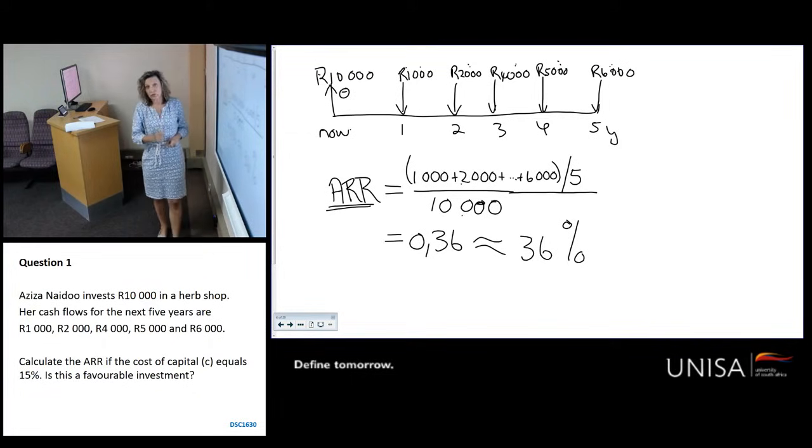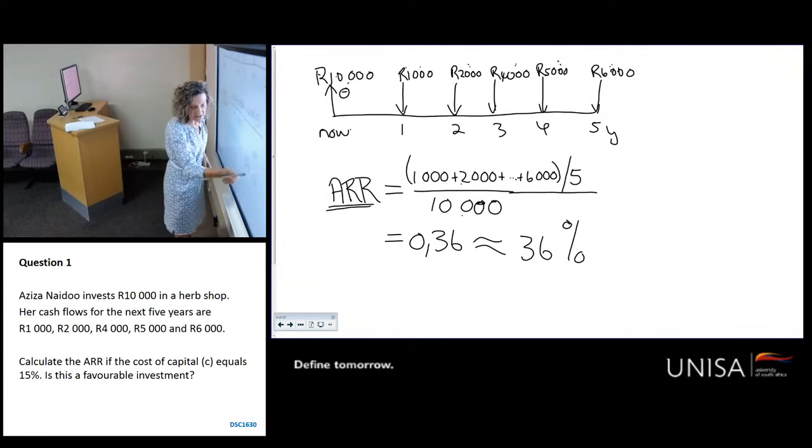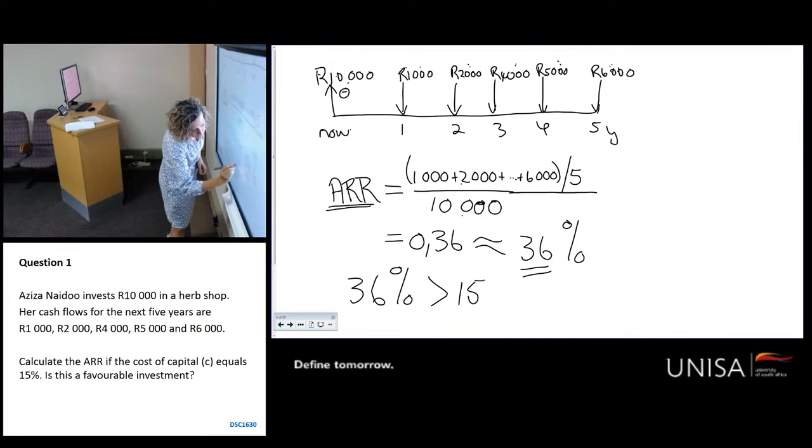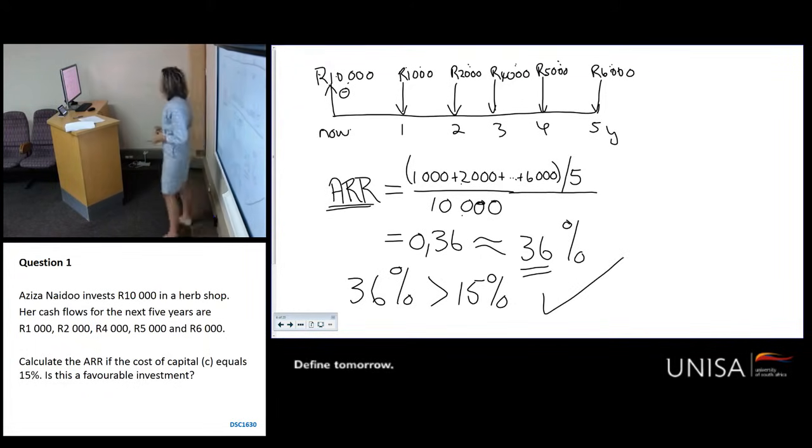If I want to do this investment, or in this case, you've already done the investment, that 10,000 was borrowed at 15%. Now, our investment gives us a rate of 36%, so this 36% is bigger than the 15%. So yes, I'm going to make the investment. It is a favorable investment.